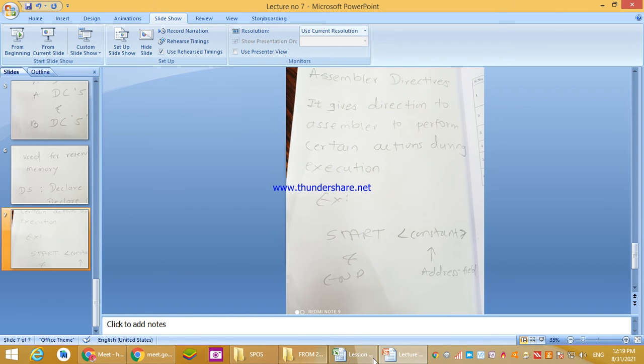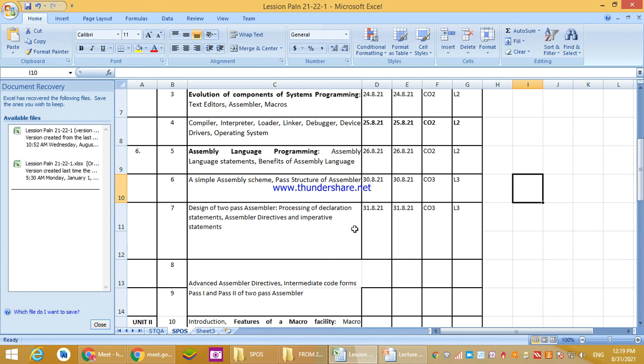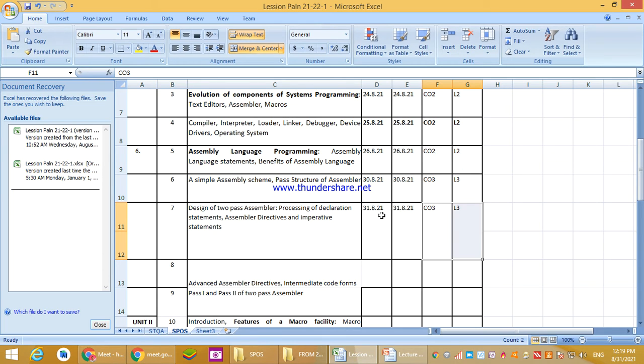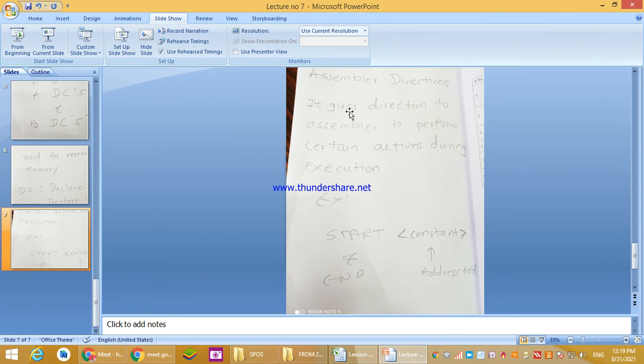As you can see over here, this is lecture number 7, dated 31st, and we are talking about assembler directives and imperative statements, right? Assembler directives, this is the third one.